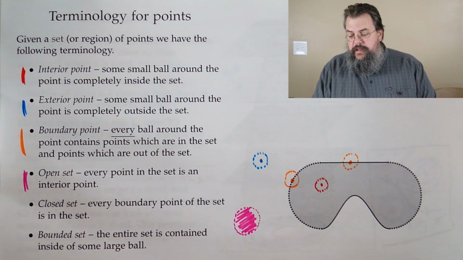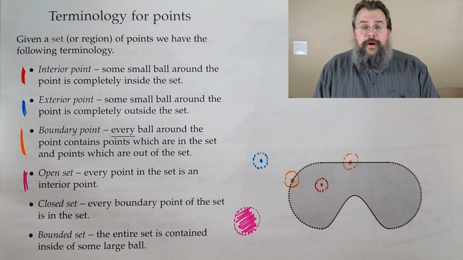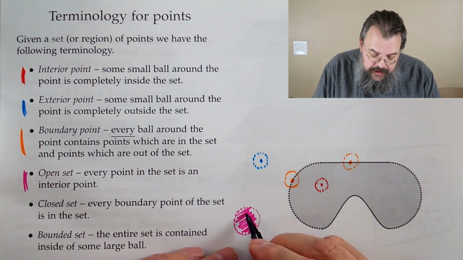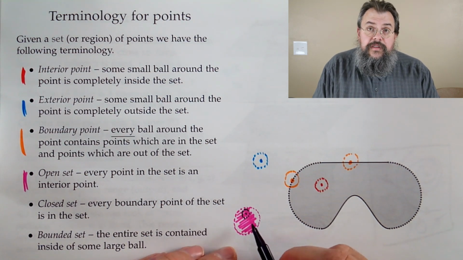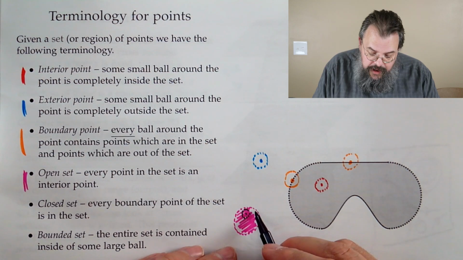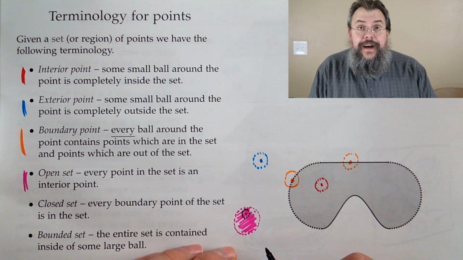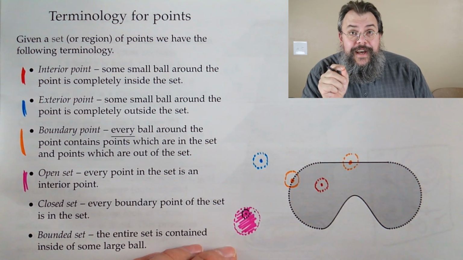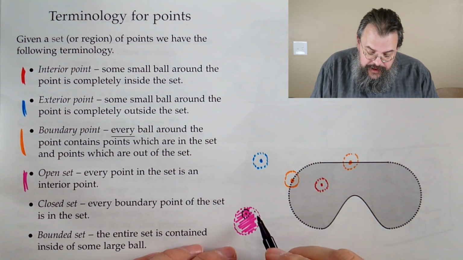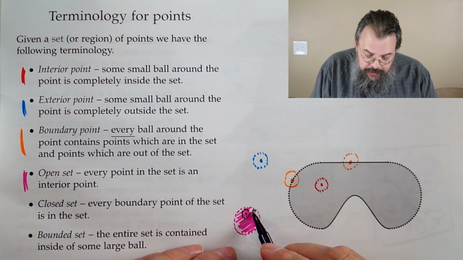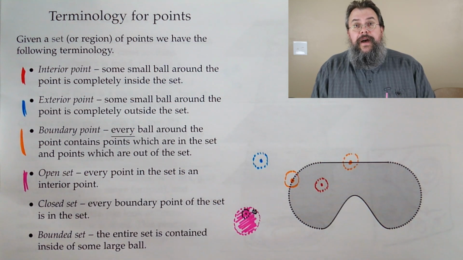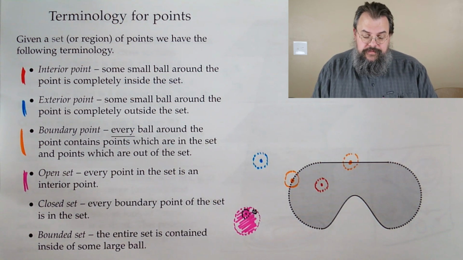That's an open set because no matter what point you pick, I can say, look, I can always put a small enough circle that stays completely inside the larger circle. You might say, well, wait, what if you're close to the edge? Yeah, but I'm not on the edge. And therefore, there's still a little bit of space, which means I can still put a little bit of a circle there. Doesn't matter. So that's an open set.